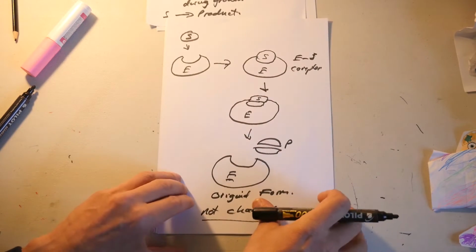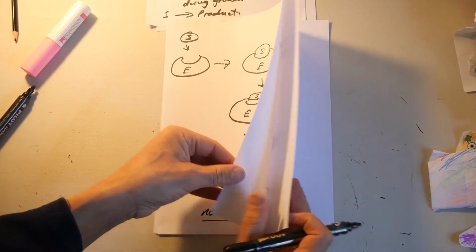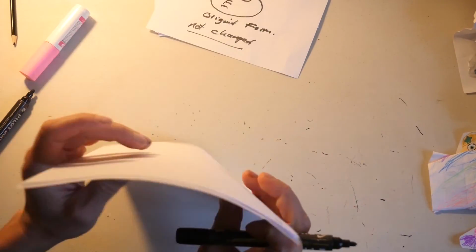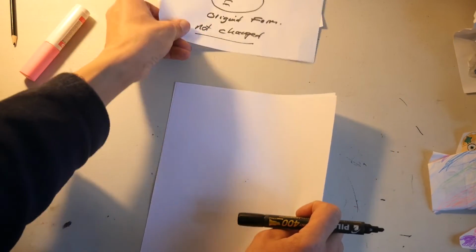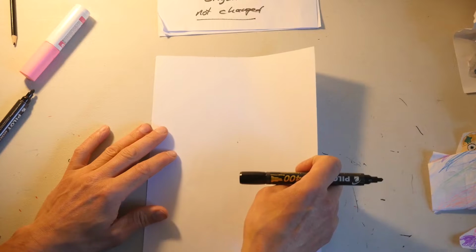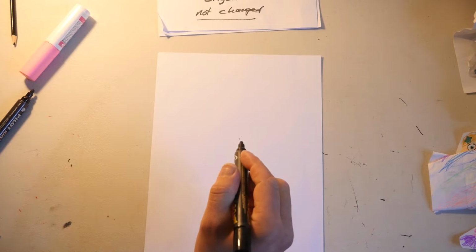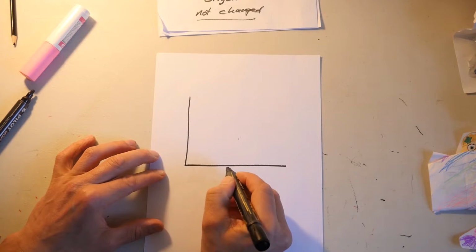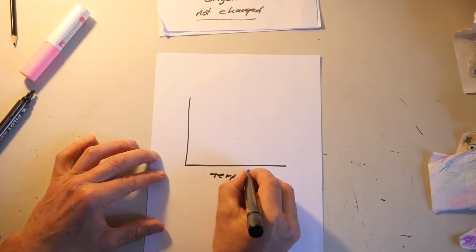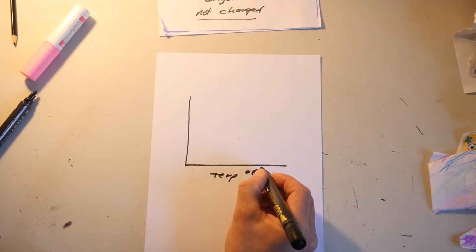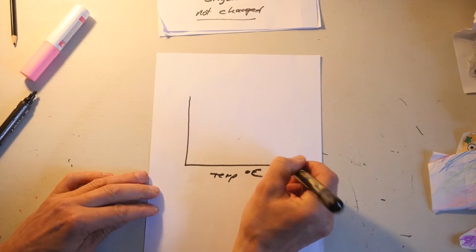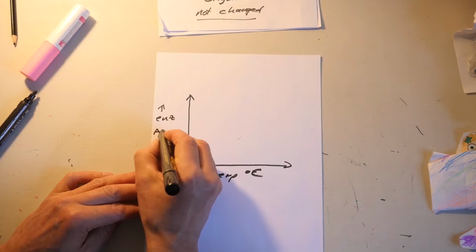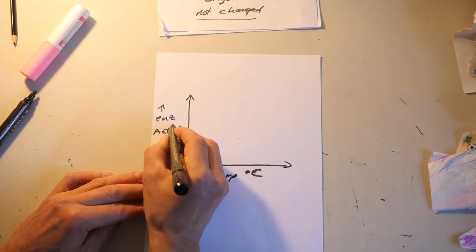I could show you a quick sketch of, whoops, on camera. So you have basic, if you plot temperature, okay, increasing enzyme activity, so that's increasing enzyme activity.